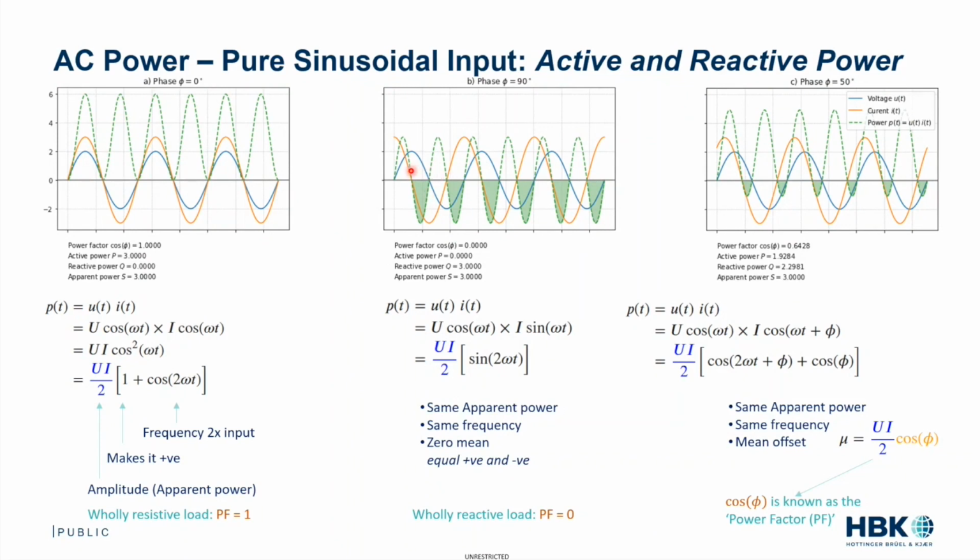We have that 90-degree phase angle where perfectly misaligned, so we have that oscillating power, which averages out to zero. And then we have the realistic situation of some phase angle in between, where we have an element of real and an element of oscillatory or reactive power. So I won't belabor this. I'm definitely not going through the math. We have a brilliant guy named Andrew Halfpenny who can go through all of this if you like. It's phenomenal to listen to.